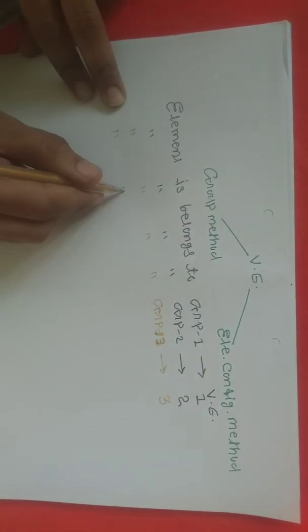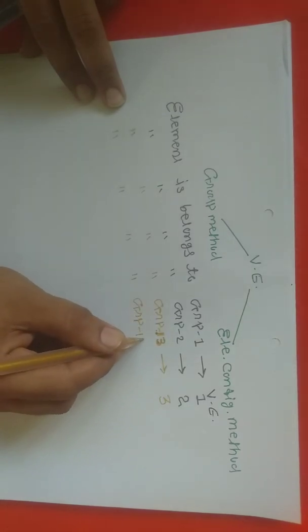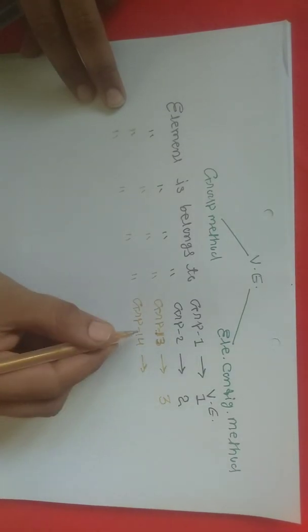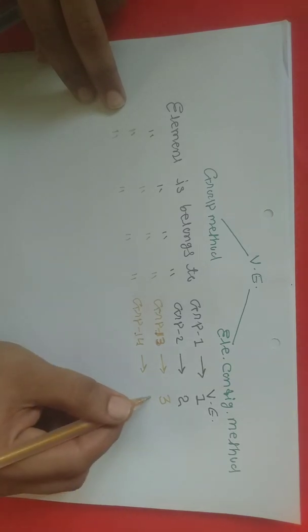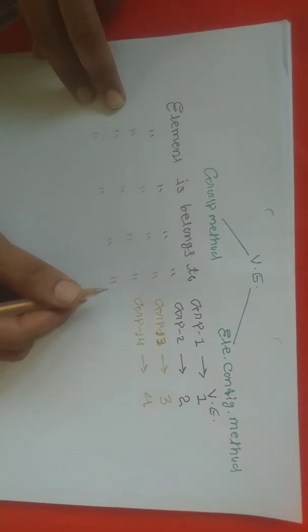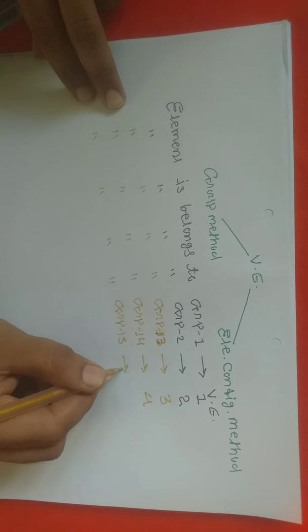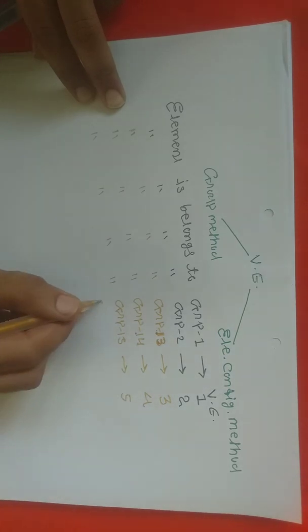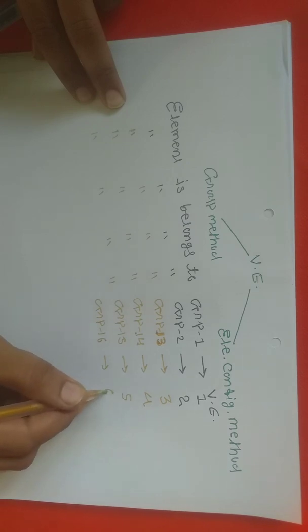If your element belongs to group number 14, then skip the first digit, that is 1, and the second digit, 4, is your valence electron. Similarly, if it belongs to group number 15, then valence electrons are 5. If group number 16, valence electrons are 6.